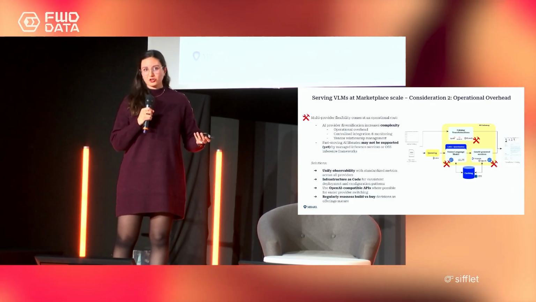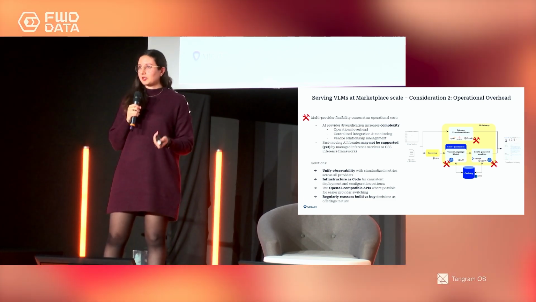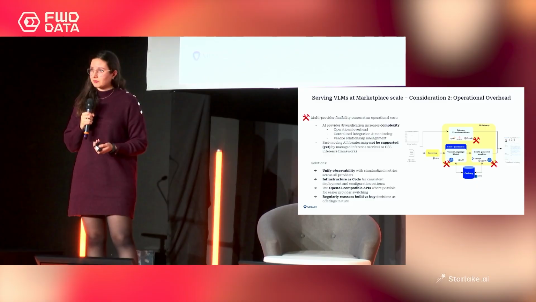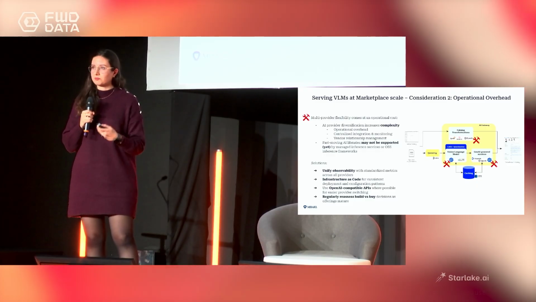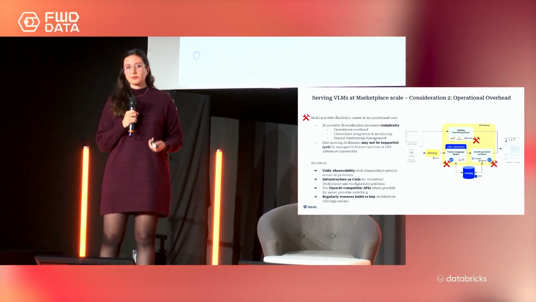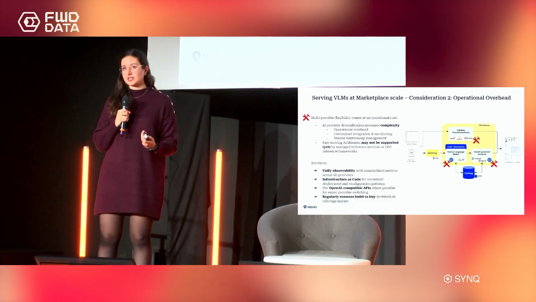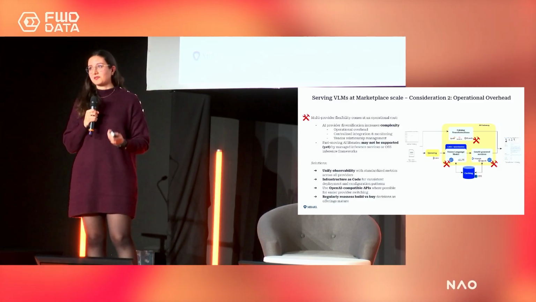Definitely use infrastructure as code because it helps operations. A good tip is to use OpenAI compatible APIs, which means we can switch from one provider to the next as painlessly as possible. And also regularly reassess build versus buy decisions as offerings mature because it evolves very fast.